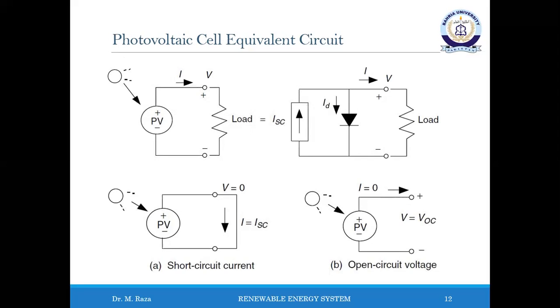They are the current that flows when the terminals are shorted together, meaning the short circuit current ISC will flow, such as shown in this diagram, and the voltage across the terminals when the leads are left open, which is called the open circuit voltage, abbreviated as VOC.